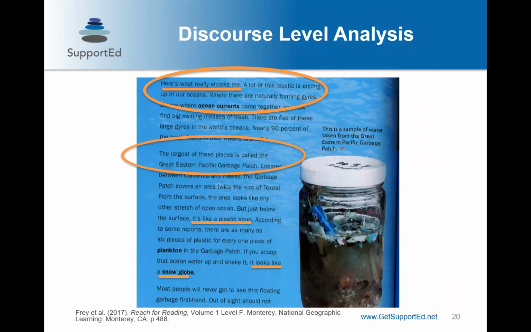And then later on, there are 2 similes. All of this depends on the level of your students and your teaching objectives and what you'd really want to highlight. In just a minute, we're going to take a closer look at the sociocultural or background knowledge level and think about what kind of background knowledge ELs might have that you can build on and what might be helpful to support in the next section.